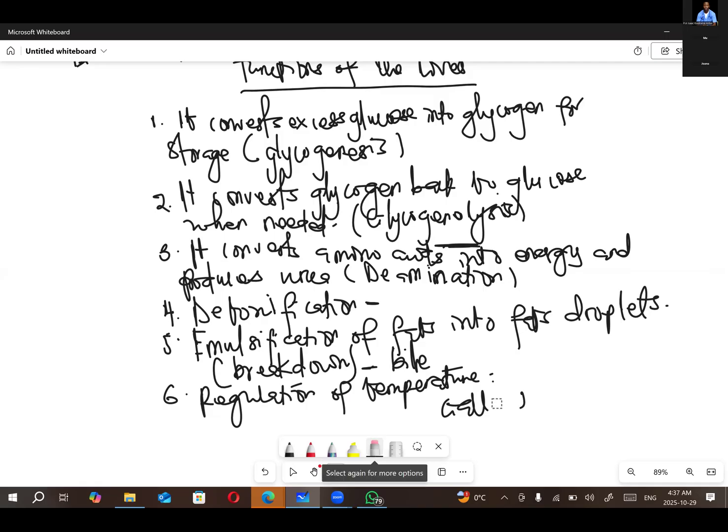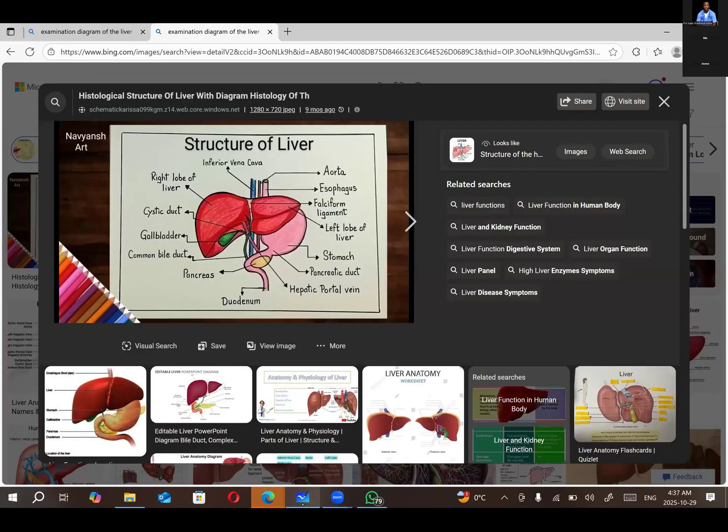It looks like gall, but it's not pronounced as gall. It's gallbladder. So the gallbladder produces bile. Bile is what emulsifies or breaks down fat into fat droplets. So that's the liver.